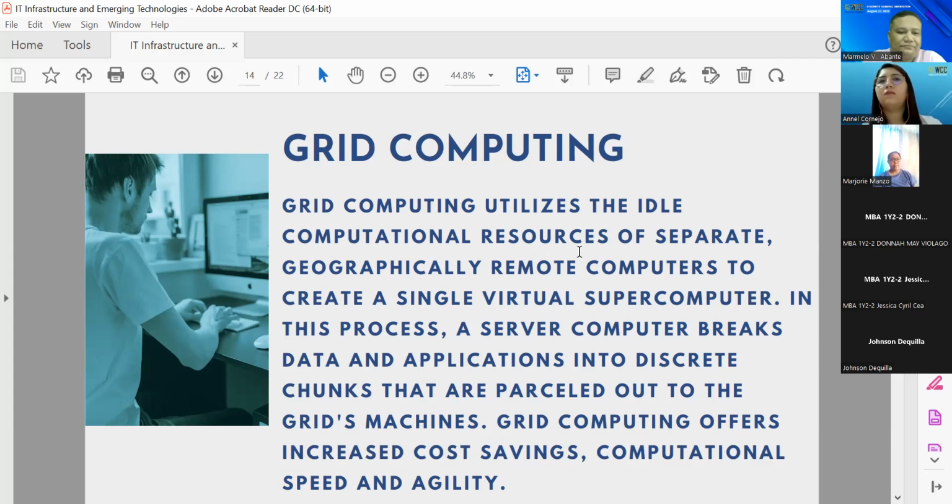Because most of the time, our remote computers are not fully utilized, only about 25% of their computing or processing power is used when we use them singly. But when they are combined through grid computing, they create a single virtual supercomputer and are utilized up to 70%.